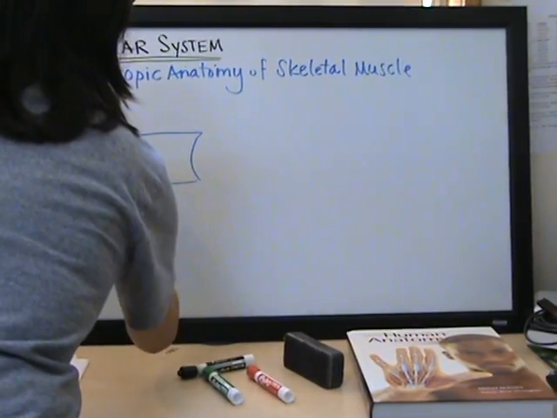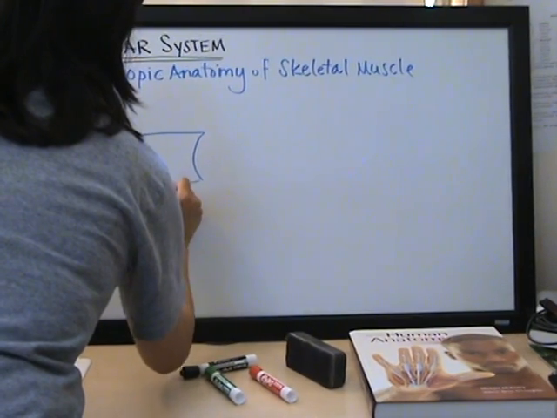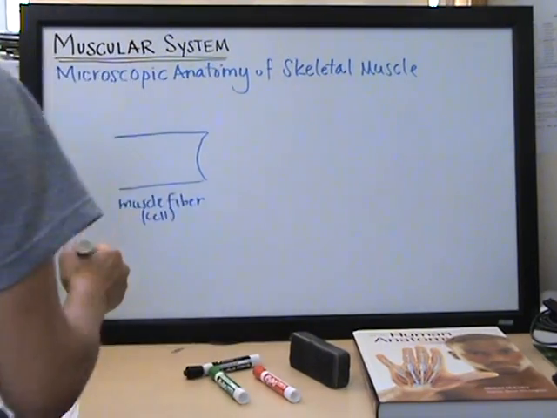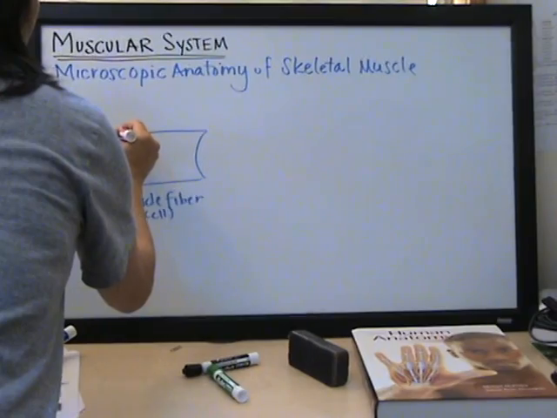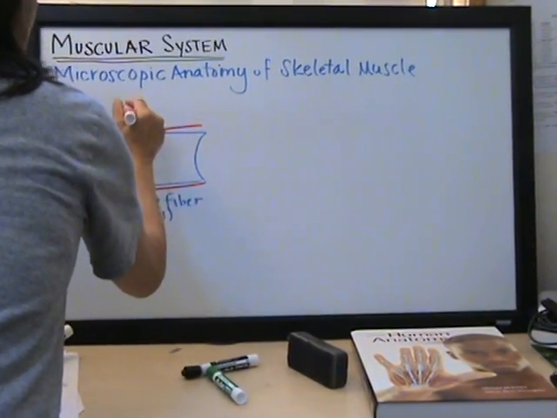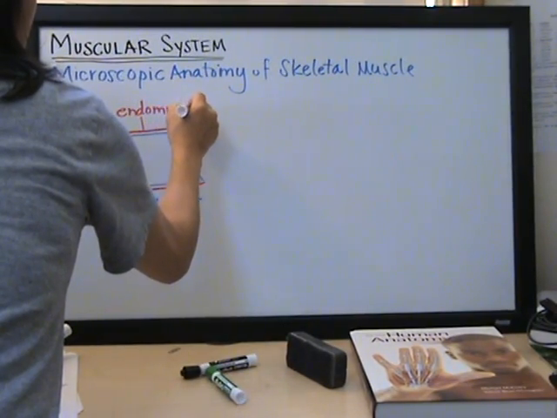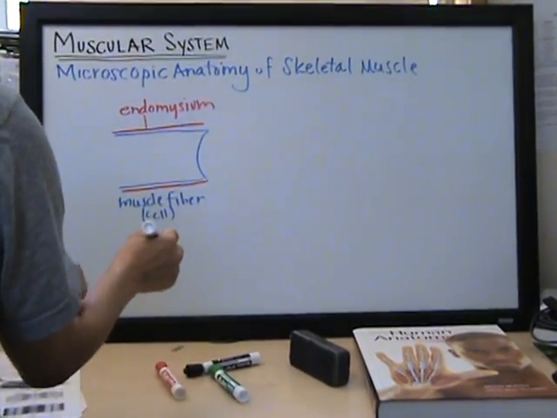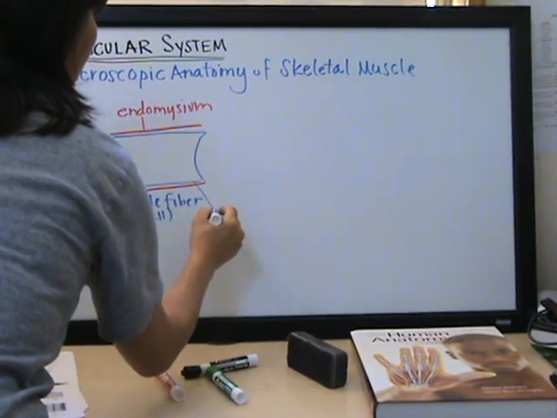Here's our muscle cell or muscle fiber. And remember that it was surrounded by the endomysium, sorry, the connective tissue layer. But it is a cell, so there is a cell membrane called the sarcolemma.